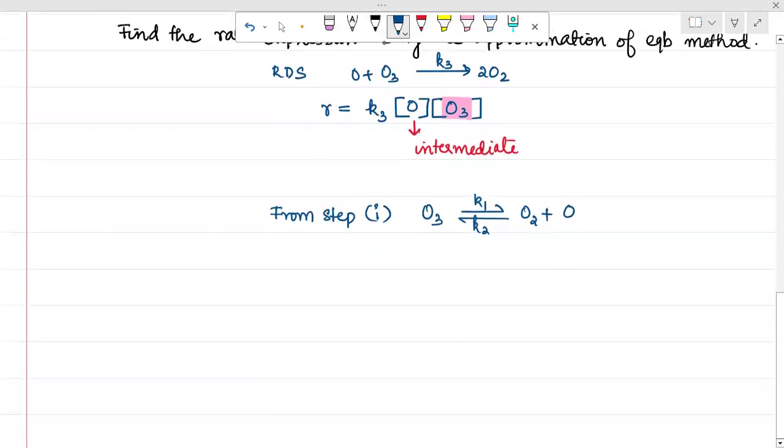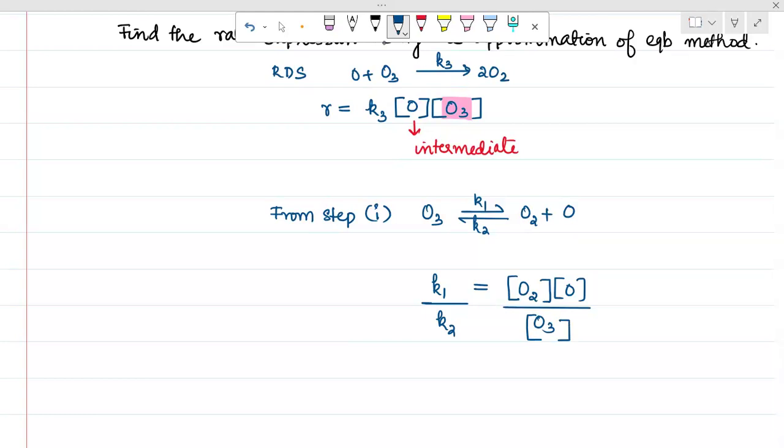You can write the equilibrium constant. What is the equilibrium constant? Forward rate constant divided by backward rate constant. And that is equal to product concentrations divided by reactant concentration. This is how you write the equilibrium. Concentration of the products of the step, O2 and O, divided by the concentration of the reactant, which is O3.